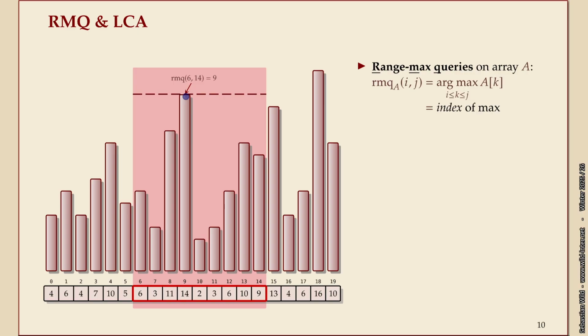Now, to make the pictures nicer, here I'm using max queries instead of min, just because it is nicer to draw poles of positive height. Of course, you can always flip all the comparisons around and make max into min or min into max. As long as you need just one of the two, it doesn't matter which one you solve, you can always negate and get the other.